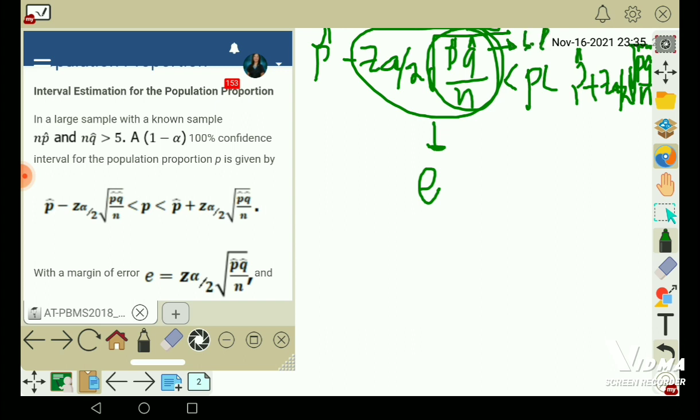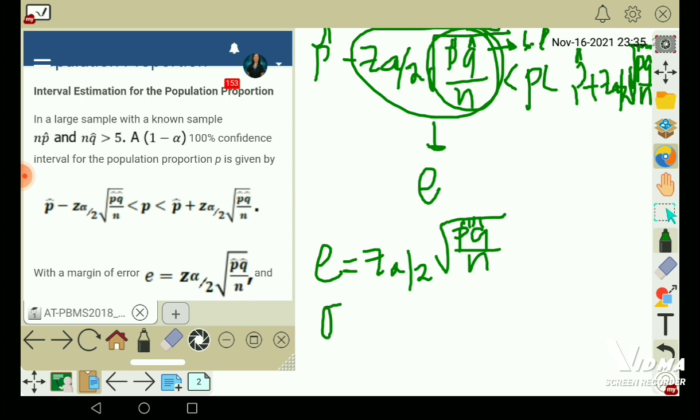Again, E is determined by z sub alpha over 2 times the square root of p hat q hat over n, while your standard error, determined by sigma sub p hat, is given by the square root of p hat q hat over n.